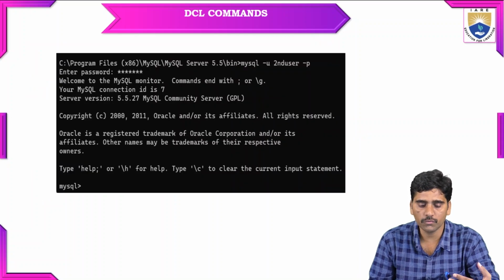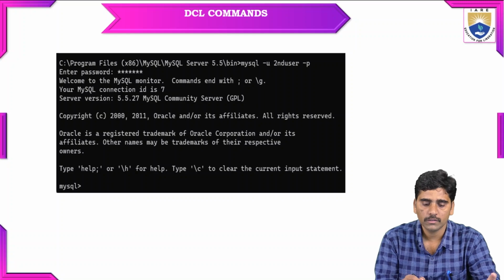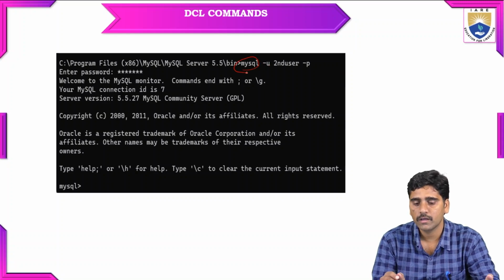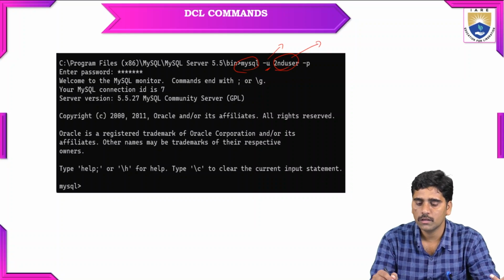So see how we are going to open. After typing this command, mysql -u indicates the username, and the username is second user, and -p indicates the password.